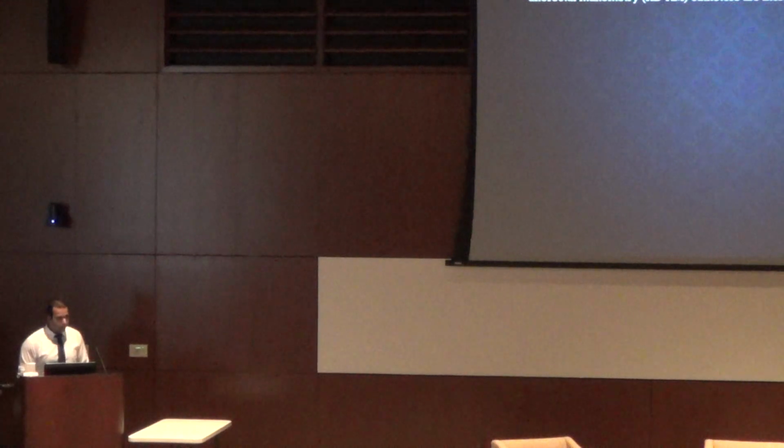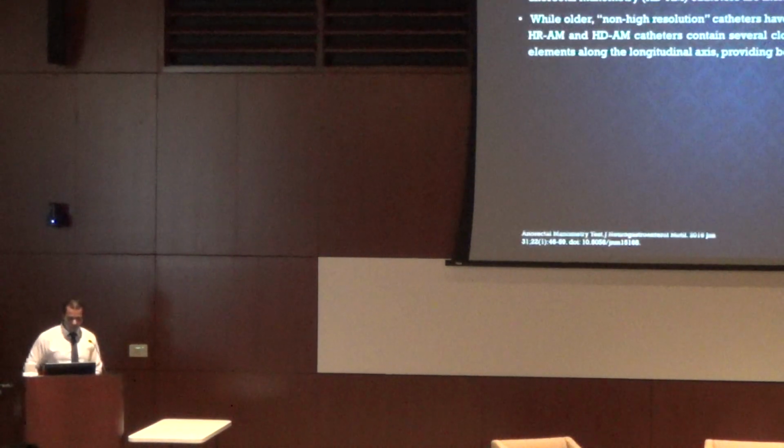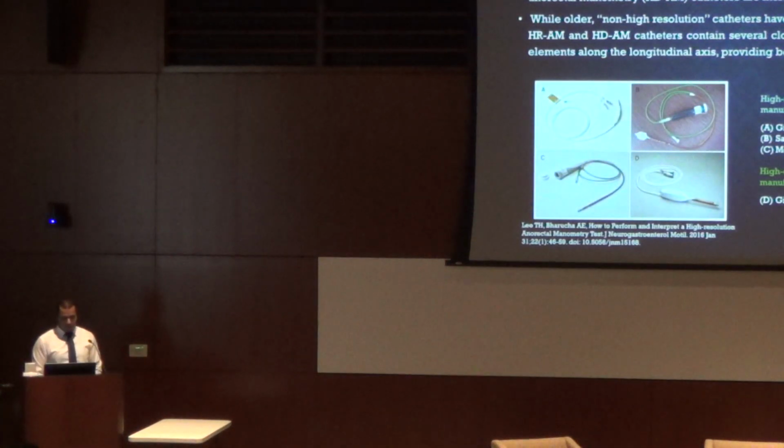Nowadays there are different kinds of catheters from different companies for high resolution and high definition, with different sensor array placements, like Given Imaging and Sandhill, for doing high resolution manometry. There is one from Given Imaging which has a matrix of 16 by 16 electrodes on the catheter.